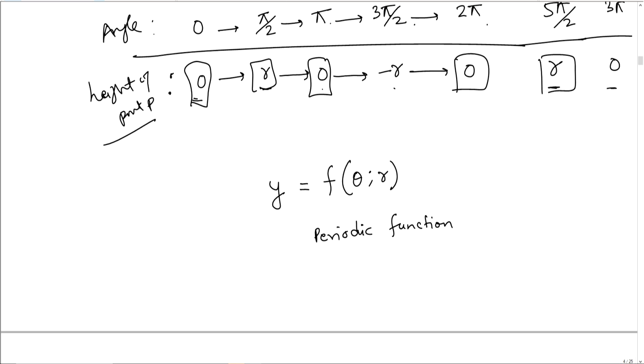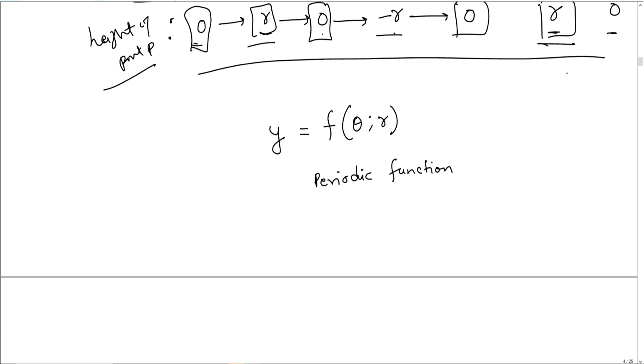Good. Can we think of, because in here basically what you are getting, at pi by 2 you get r, 3 pi by 2 get minus r, then you again get r. What if I rewrite this entire function as r into some function of theta?